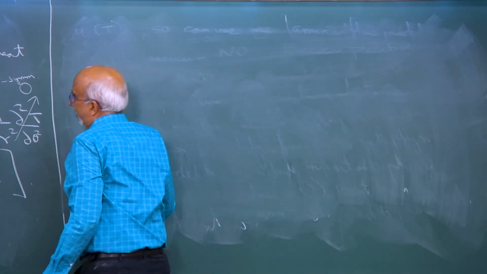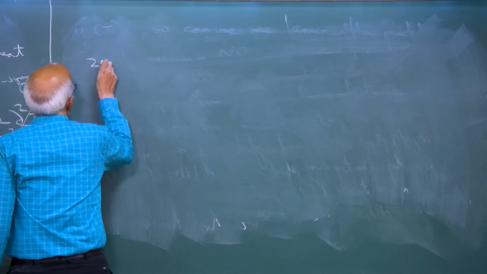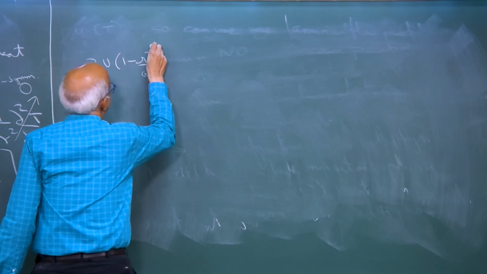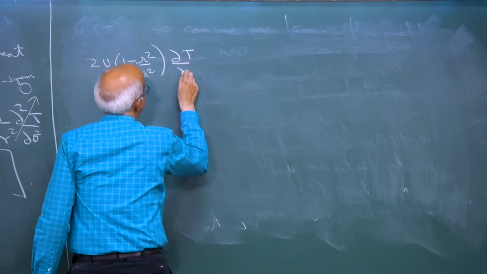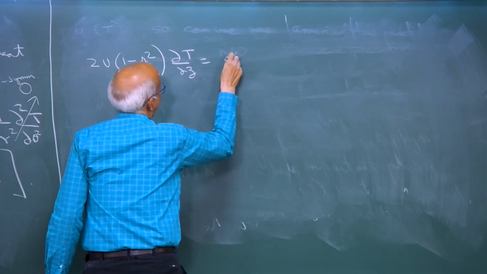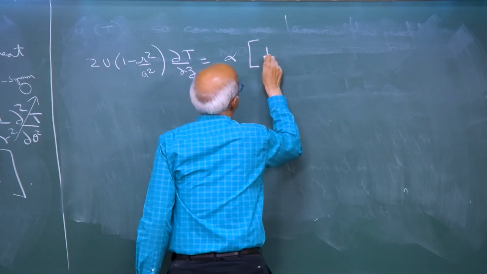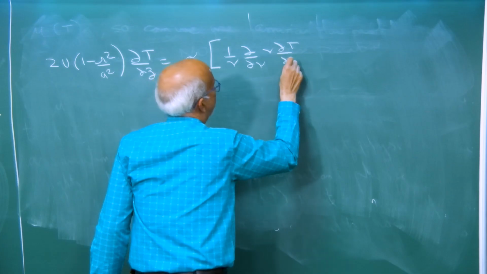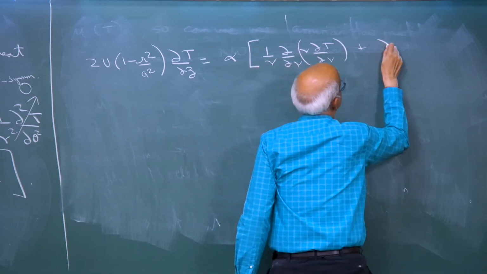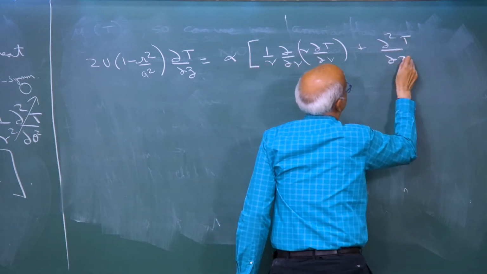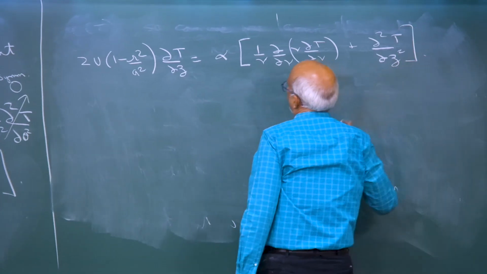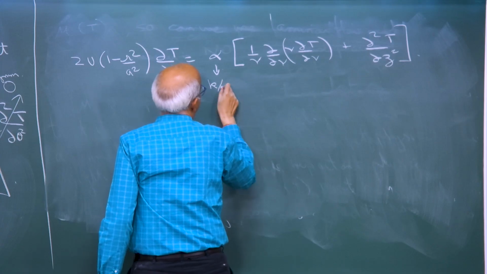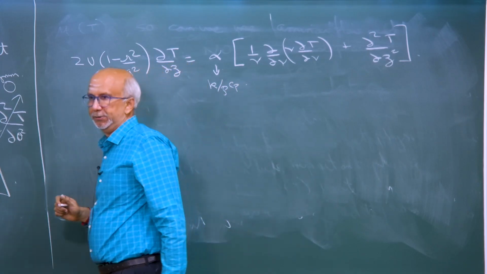So, I am going to write 2 times u times (1 minus r squared by a squared) dT by dz equals alpha times the Laplacian. This alpha is K divided by rho Cp, the thermal diffusivity.